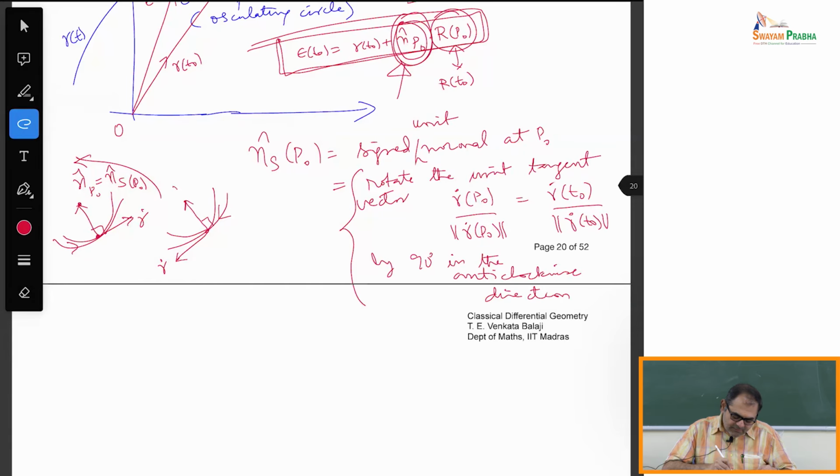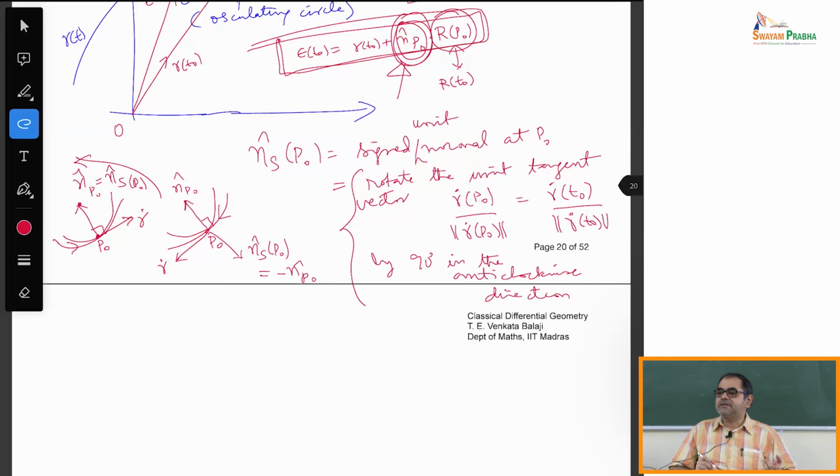So this will be your n p naught hat, and this point is p naught. And what is the signed unit normal? I have to rotate the unit tangent 90 degrees, so it will come to the other side. You will get the ns hat p naught on the other side. And you see that this is now minus of n p naught hat.